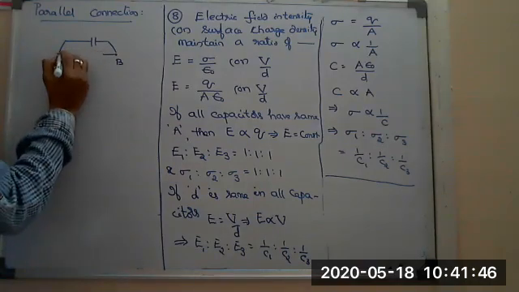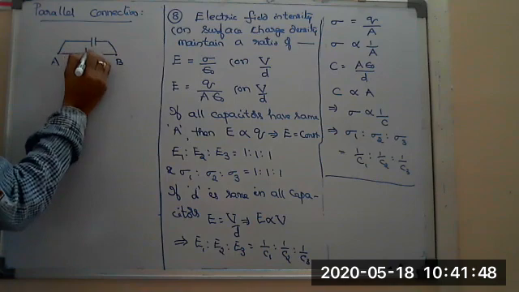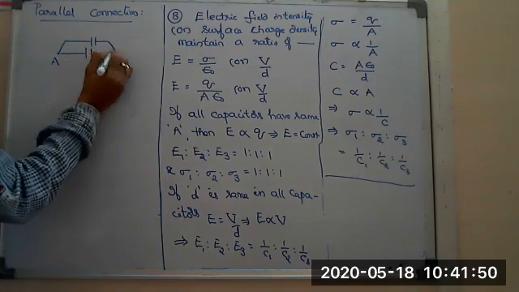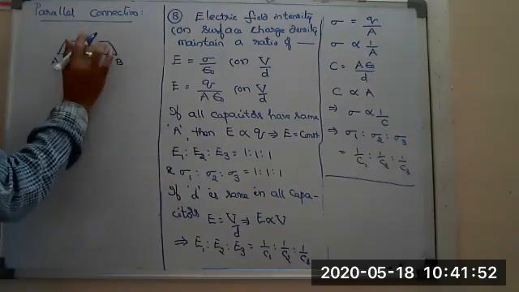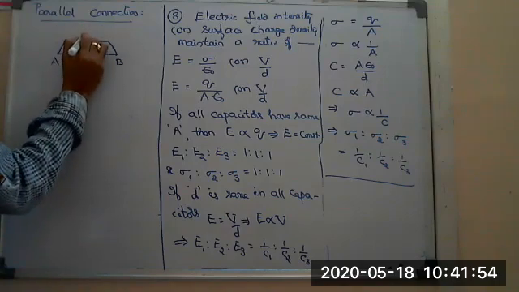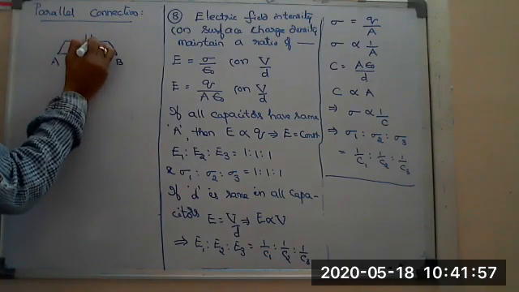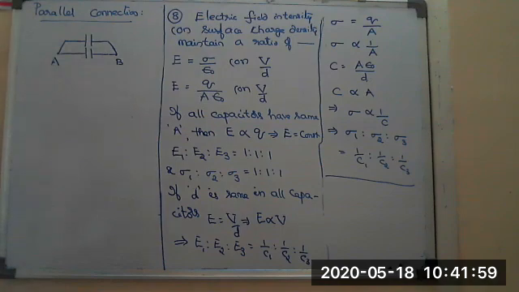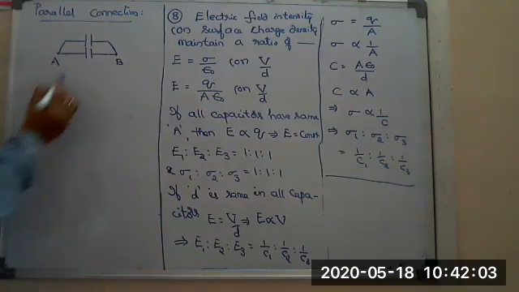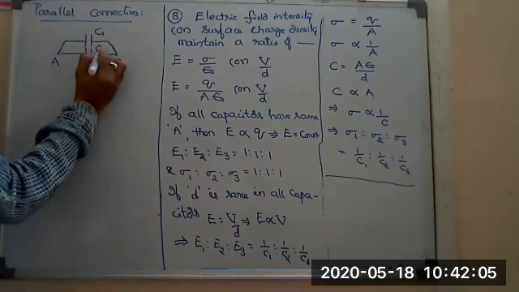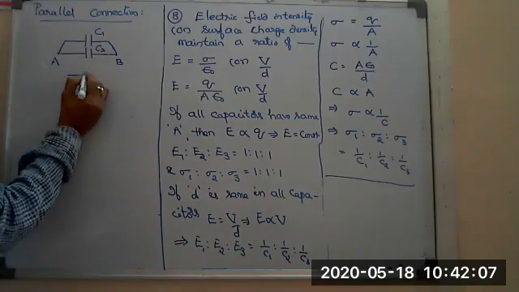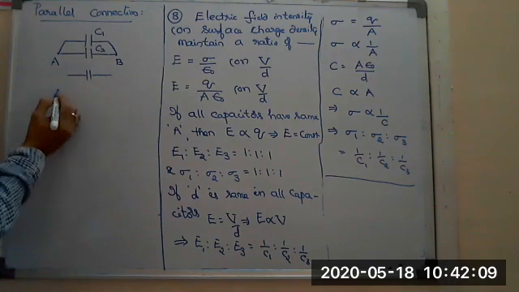So here there is no third point. For all the 3 capacitors, the 2 ends of each individual capacitor should be connected only between 2 points A and B. Such a type of connection is called parallel grouping. So this is the first capacitor, it is the second capacitor, and these are the ends of the third capacitor.